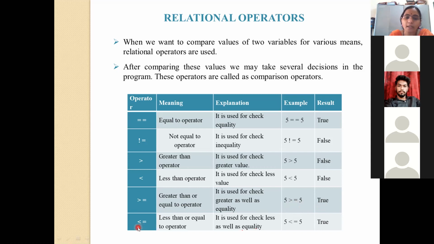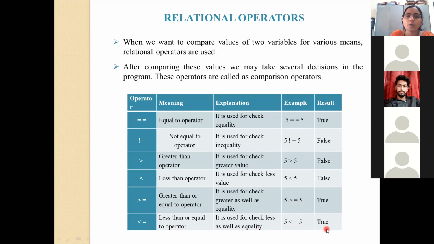Now the last operator is less than or equal to. It is used to check the less value as well as the equality value. 5 is less than 5 is false. But if I use 5 is less than or equal to 5, it is true, because both values are equal.